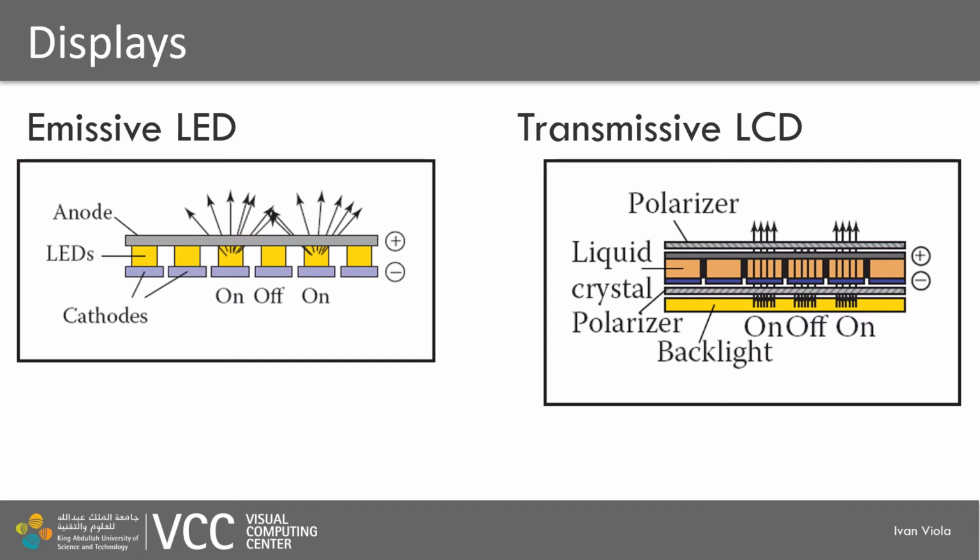We are also perhaps familiar with the so-called LCD screens. Those are liquid crystal displays, and they are not emissive, they are transmissive, meaning that they are transmitting light, but they are not a light source themselves.